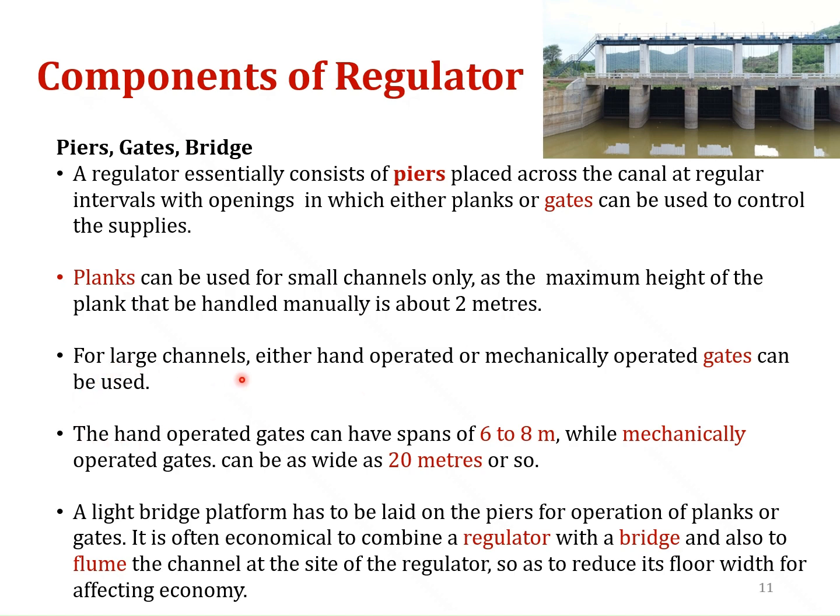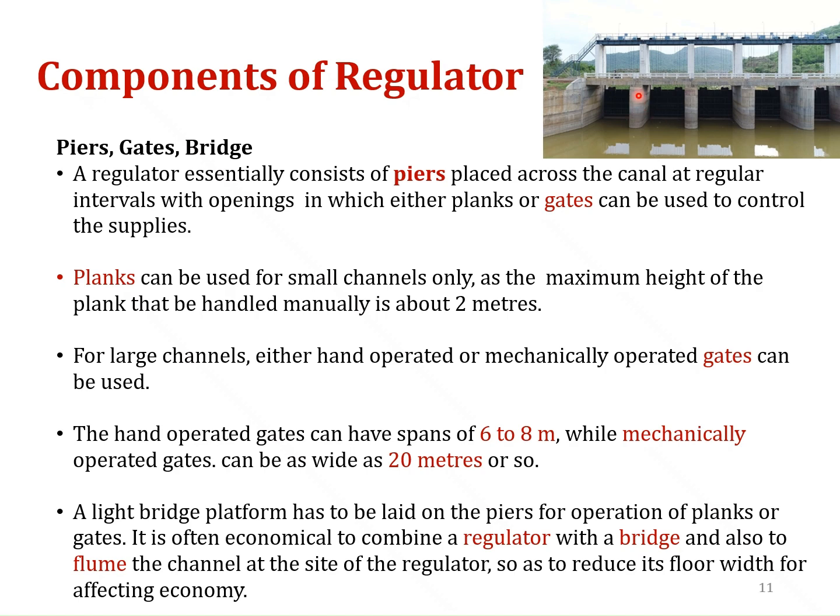For large channels, either hand operated or mechanically operated gates can be used. So for bigger channels, we use gates. The hand-operated gates can have a span of 6 to 8 meter, while mechanically operated gates can be as wide as 20 meter. Okay, wide means the width between the piers.